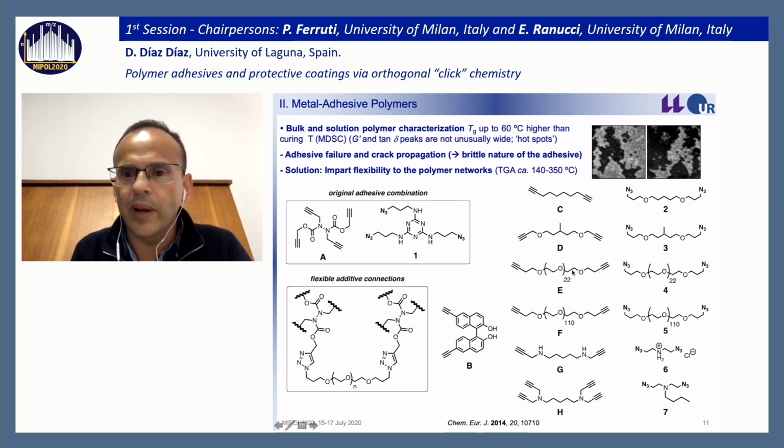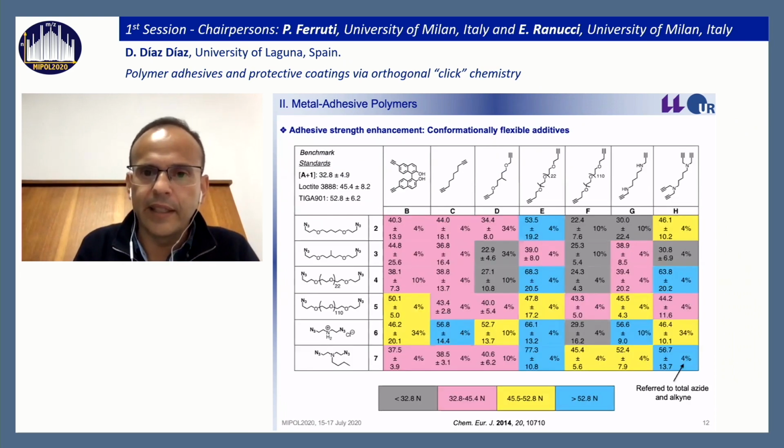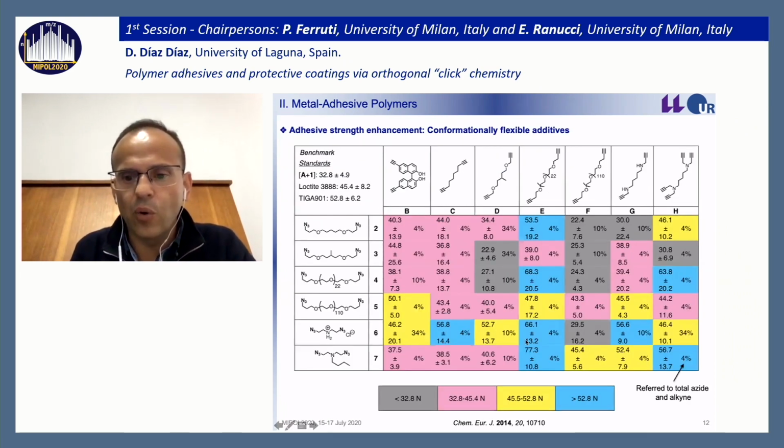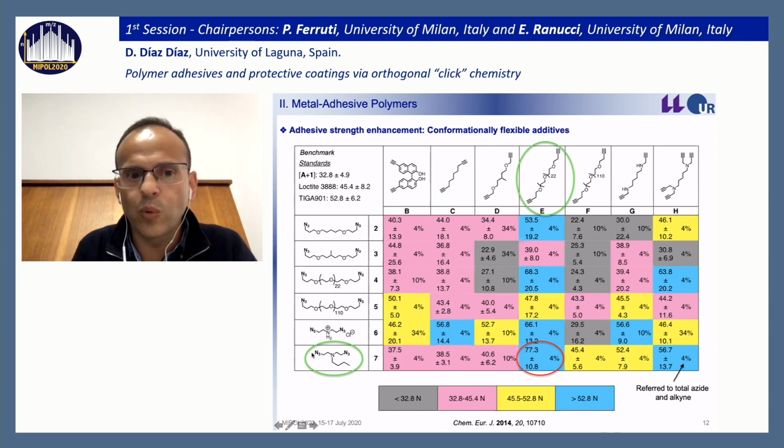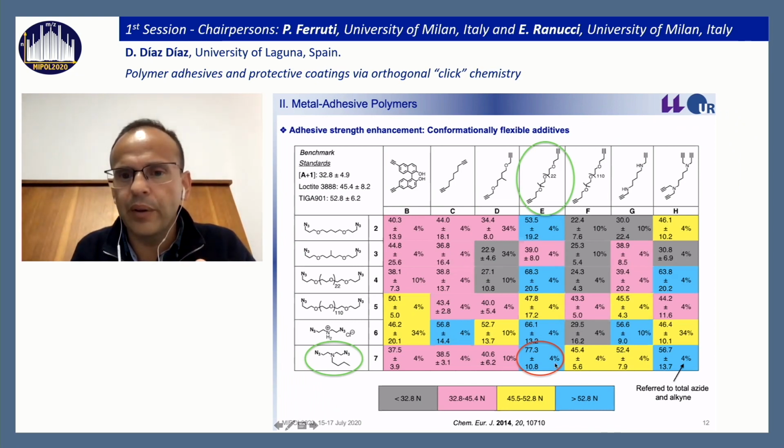cross-linker, right? And if you do that, here I will not go into the whole table, but you can keep an eye on, for example, this one here and this one here. And these two we mix in a 4% with respect to the total azide and alkyne.